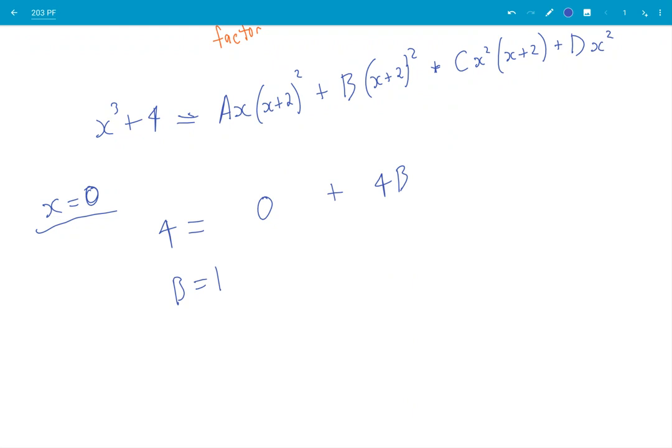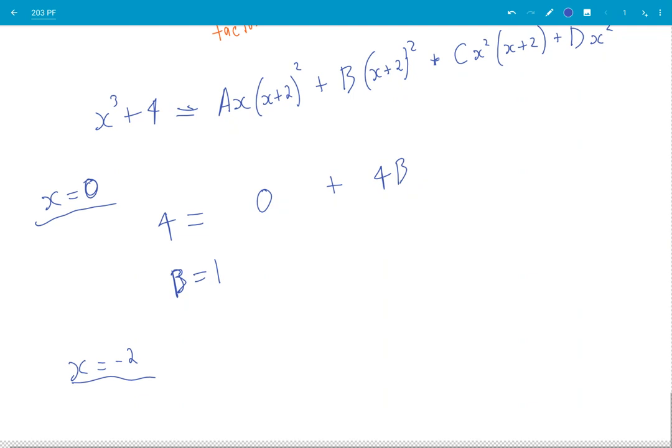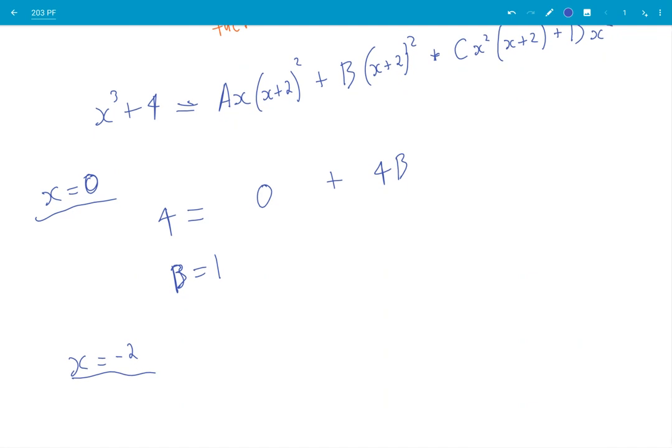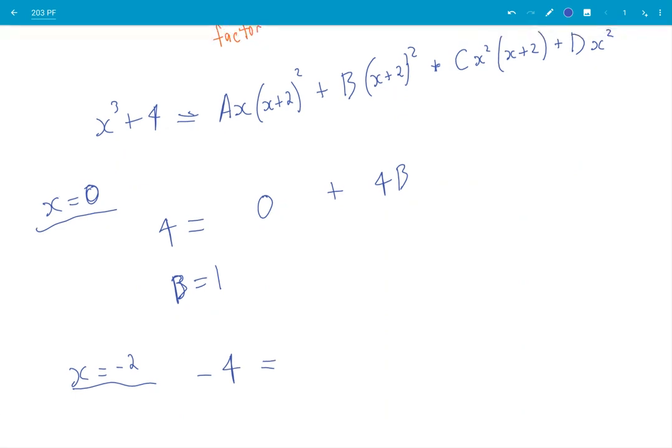So b is 1. So x is 0, it works out nicely. X equals minus 2, we'll do something good for me, I believe. Negative 4 is equal to just 4d. So d is equal to negative 1.